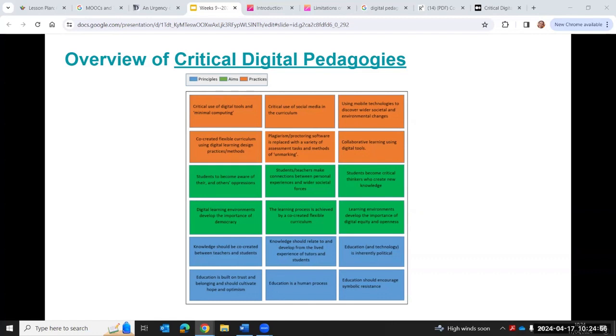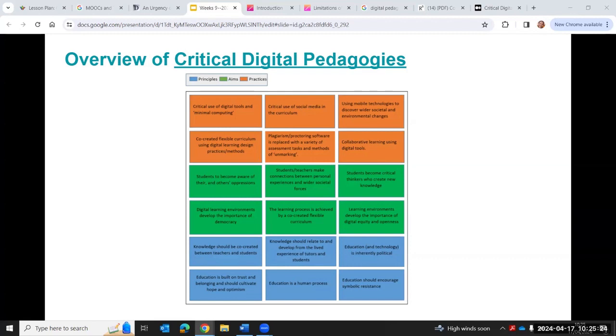Again, we go back to critical thinking, whether the learning environments are relevant for them to continue developing these different academic critical skills that they need, not only on a daily basis, but also to engage appropriately with different people through different ways. And then we have this baseline where we talk about the principles.